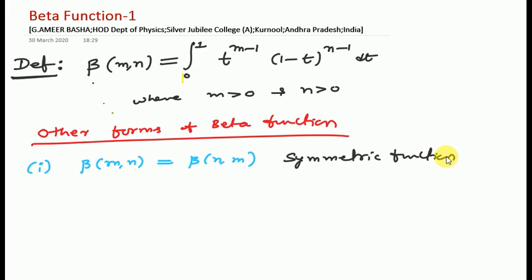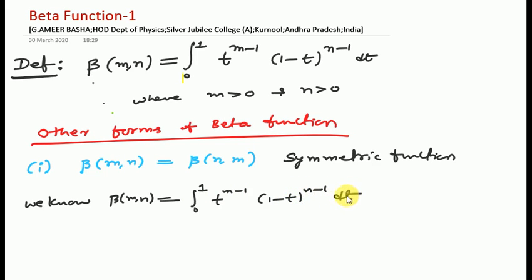Let us see how we will derive this. We will start from the basic definition of the beta function. We know beta(m, n) is equal to the integral from 0 to 1 of t to the power m minus 1 into (1 minus t) whole power n minus 1 into dt.